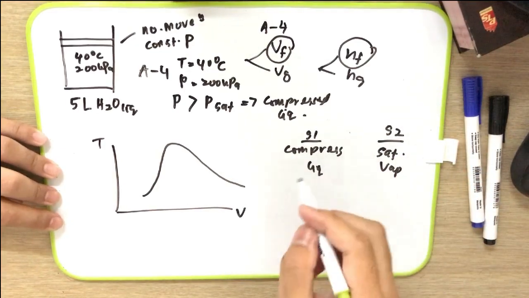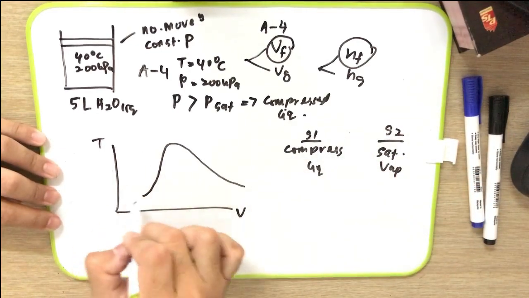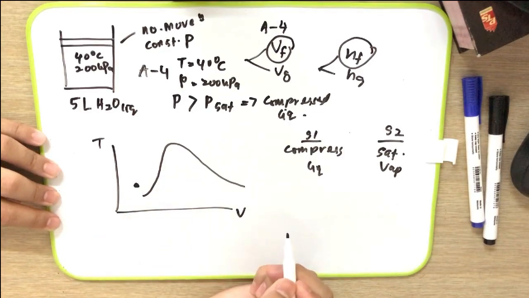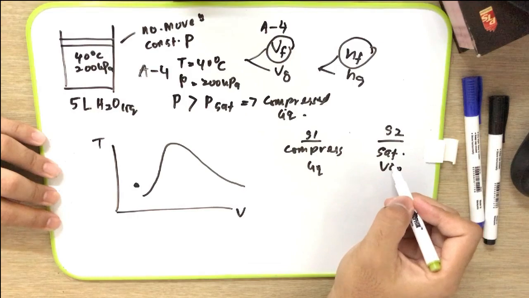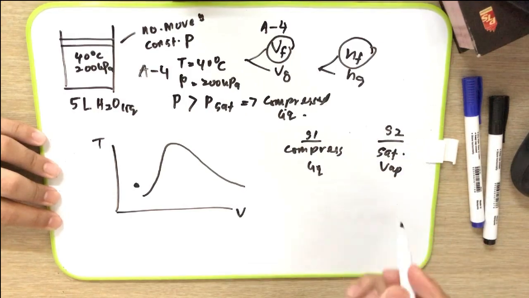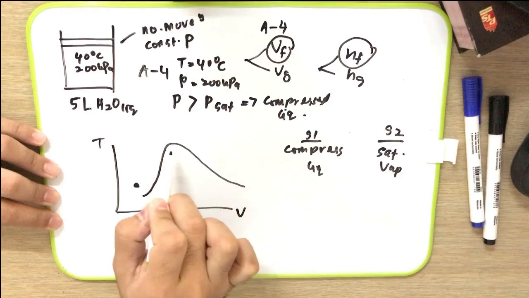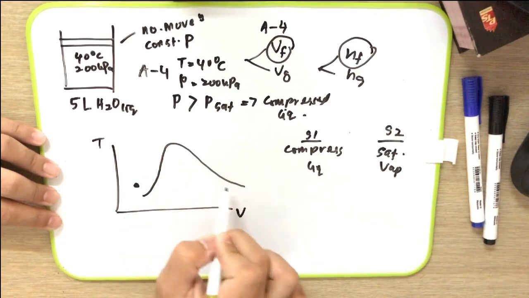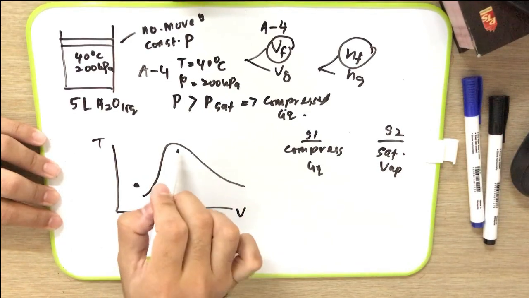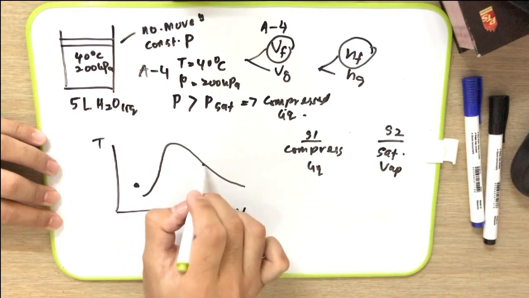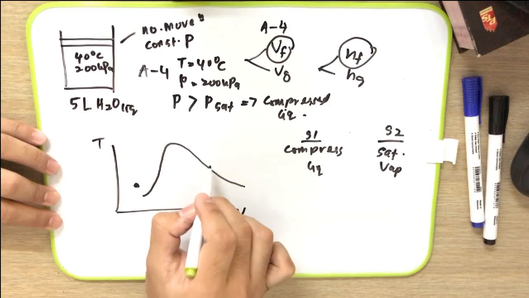Where's the region for compressed liquid? It's right here, somewhere here. The saturated vapor for state 2 should be on the right-hand side of the saturation line, so it is somewhere on the line, right? Let's say it is here.